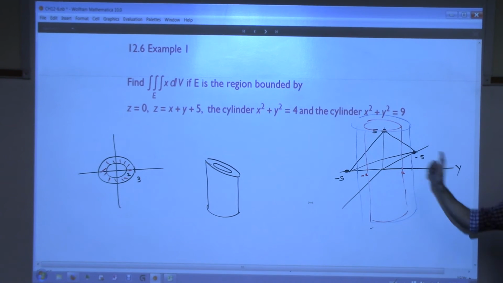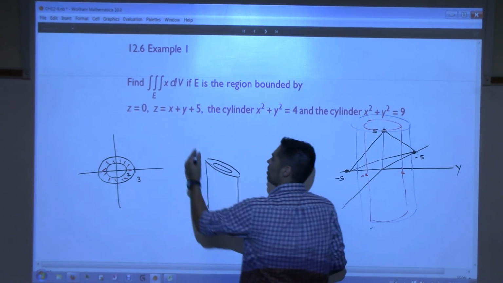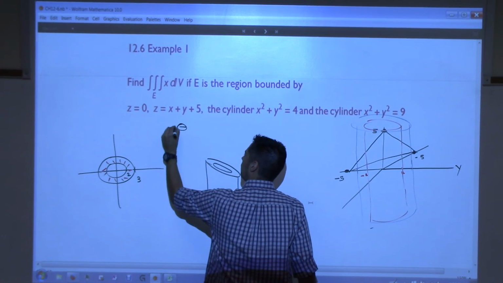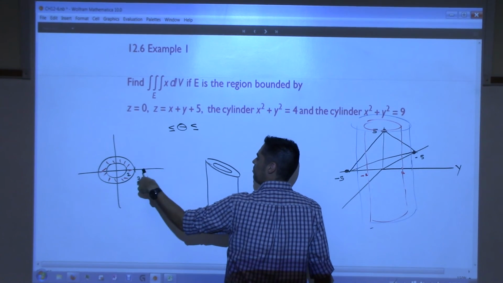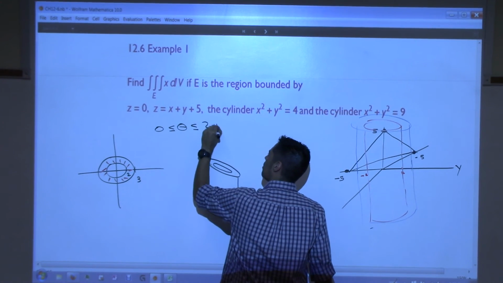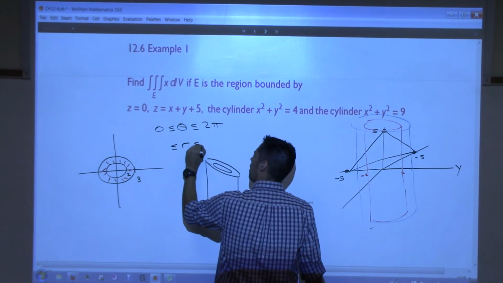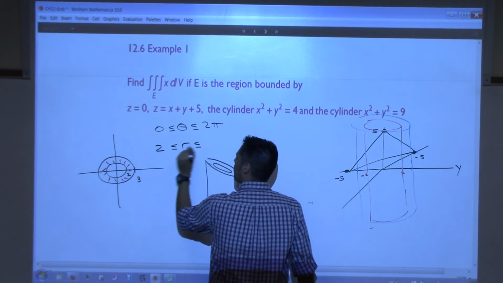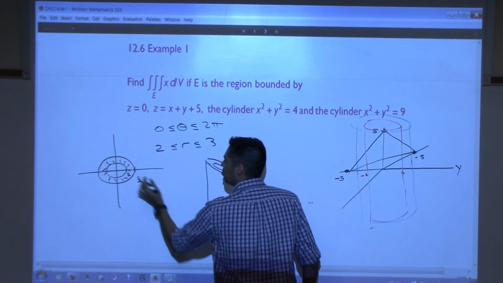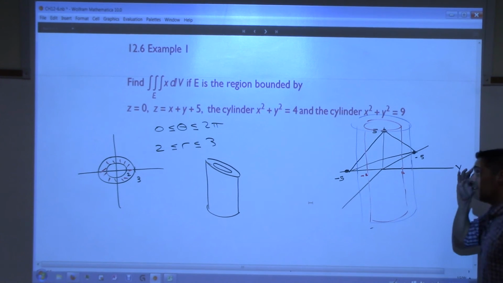Polar for sure, which means I need to do this as a triple integral in cylindrical coordinates. What's my restriction on theta for that region? 0 to pi. What's my restriction on r then? 2 to 3, just the points with radius between 2 and 3.